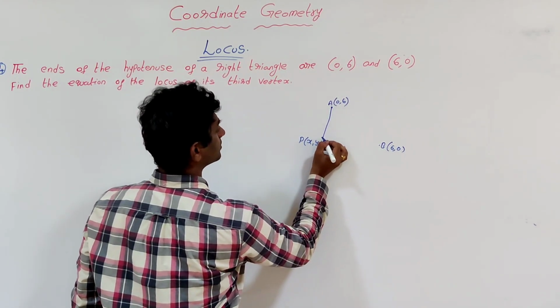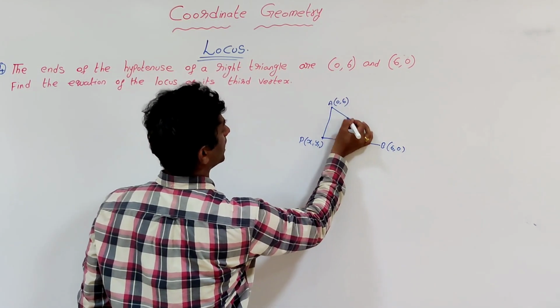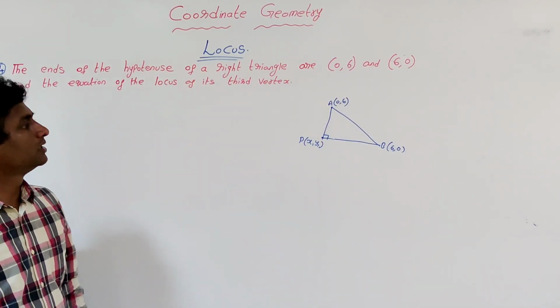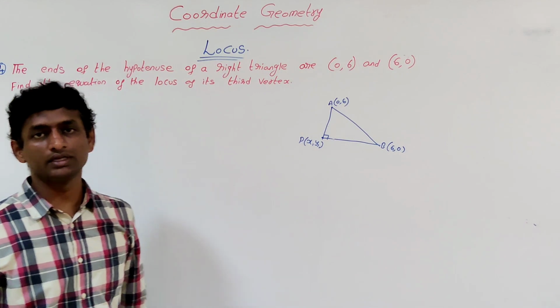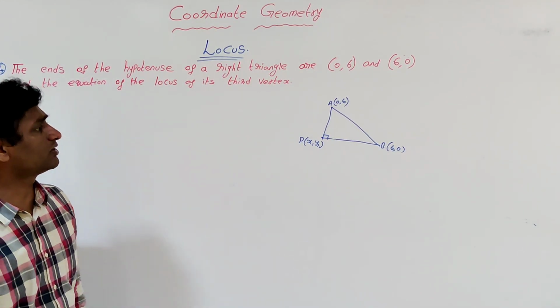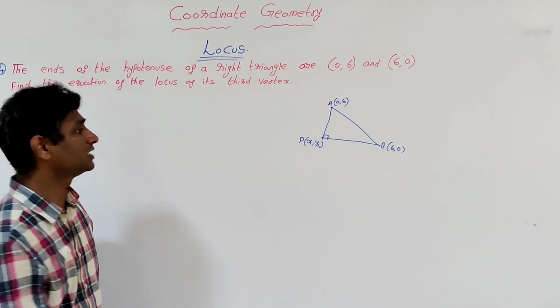With this it forms a right-angled triangle, with the right angle at P, as AB is the hypotenuse, and we know the condition. What is the condition for the hypotenuse of a right-angled triangle?